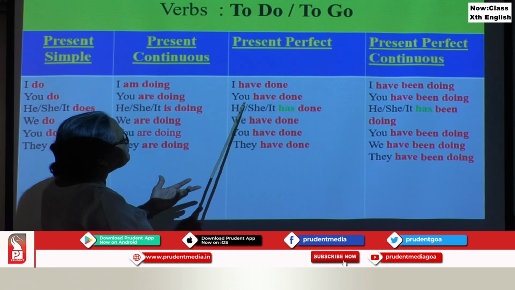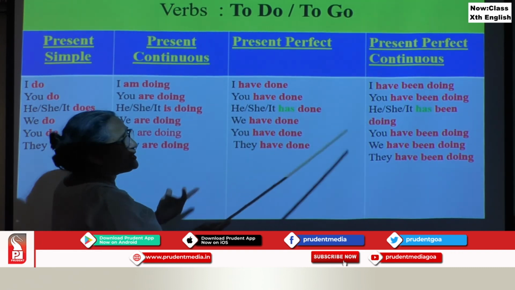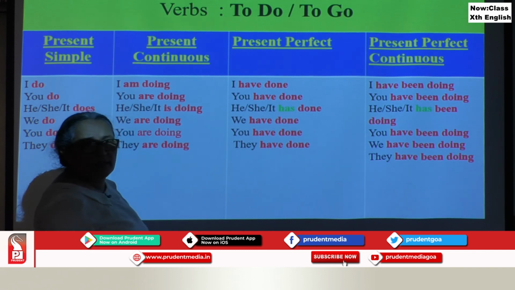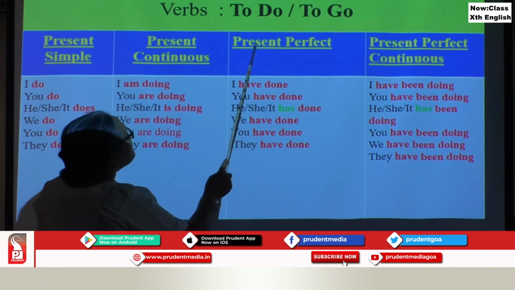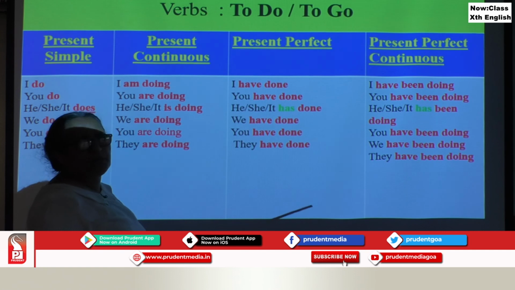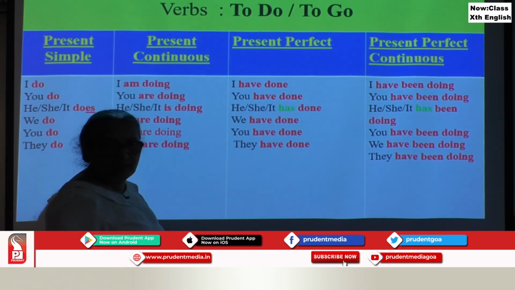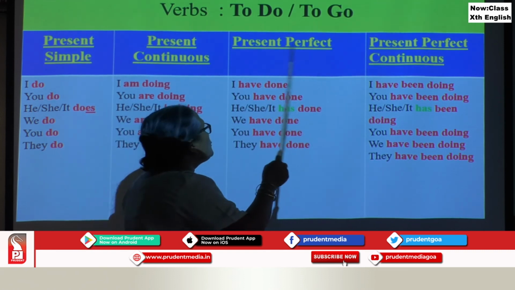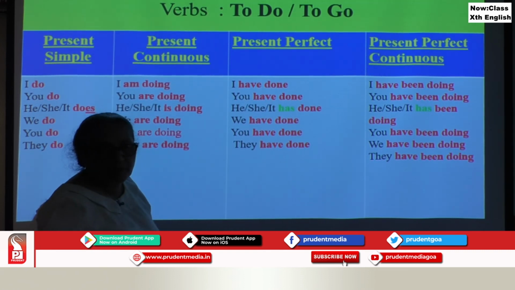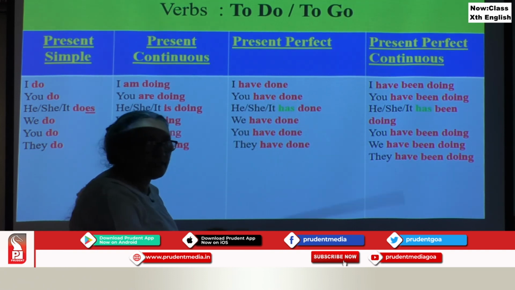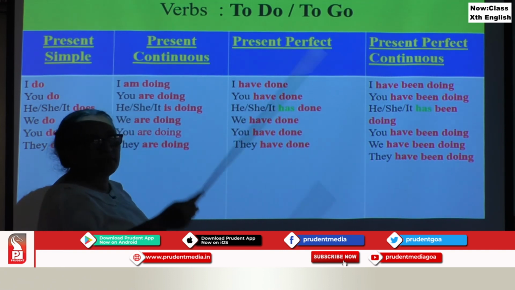I have done, you have done, he, she, it has done. We have done, you have done, they have done. What will be past perfect of verb to do? I had done, you had done, he, she, it had done. What will be future perfect of verb to do? I shall have done, you will have done.